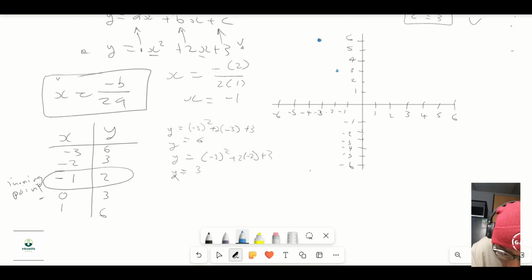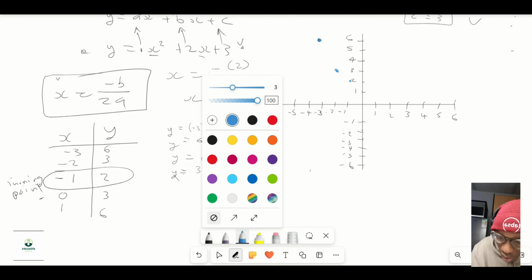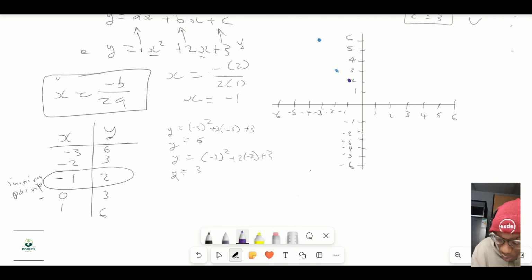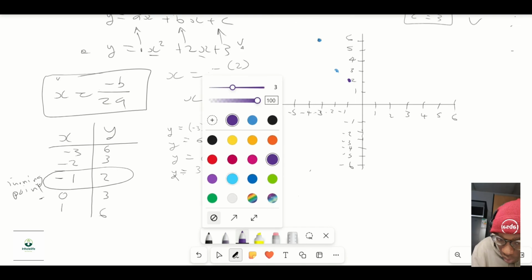Then the turning point is negative 1 for x and 2 for y. So here we're going to have it here. Okay, so let's make our turning point purple, for you to see, and then go back to blue.